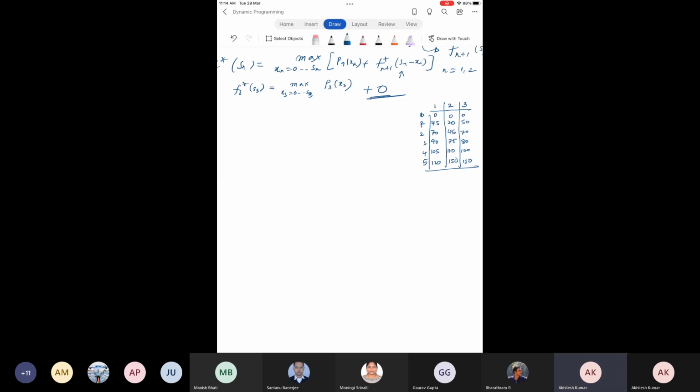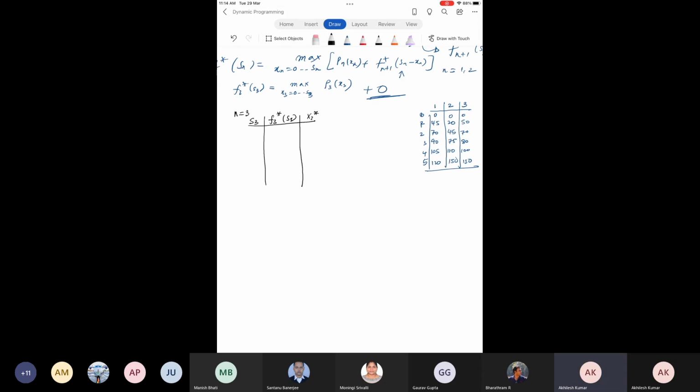Let's start. We are solving backwards, so we'll start with n equals 3. So S3, F3 star S3 and X3 star.